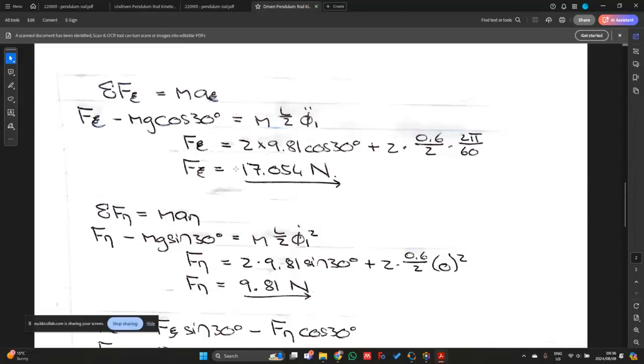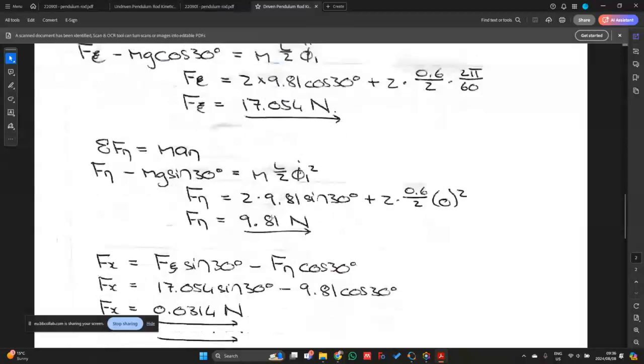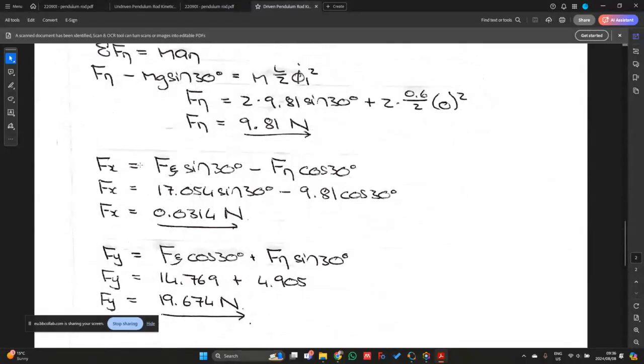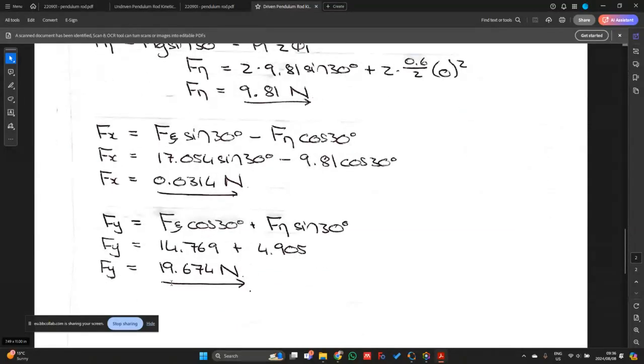Then I can calculate f psi, which is 17.1 newtons, and f eta, which is 9.81 newtons. And then once again, I can just relate them by transforming them, using that angle that is given. So fx should be 0.0314, and fy should then be equal to 19.674 newtons.